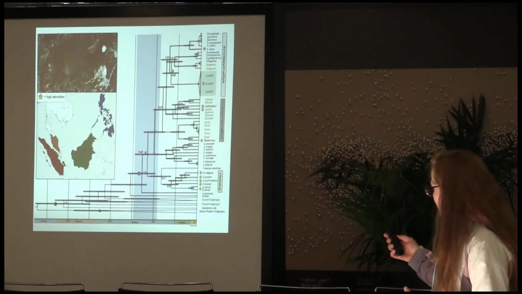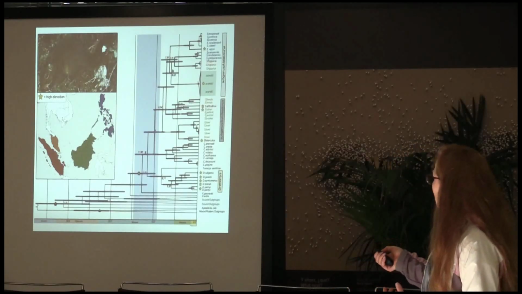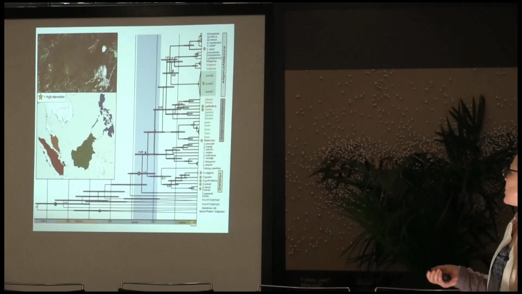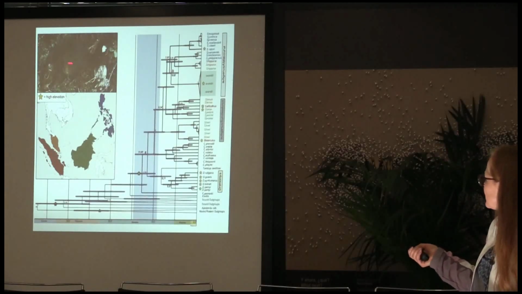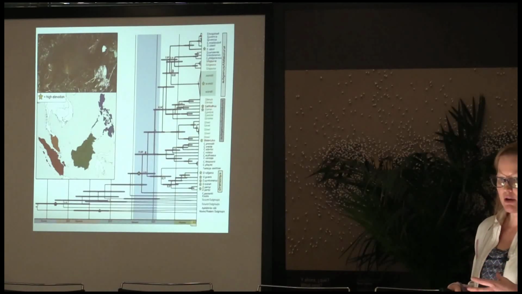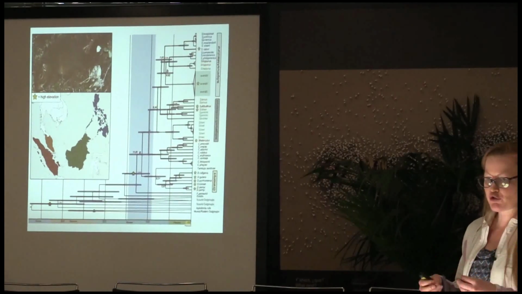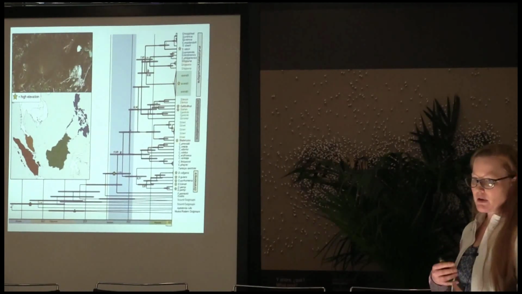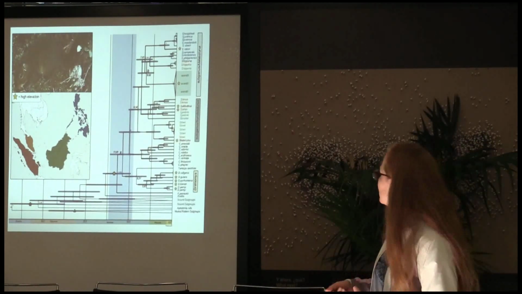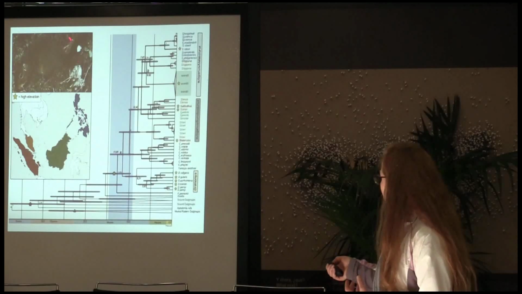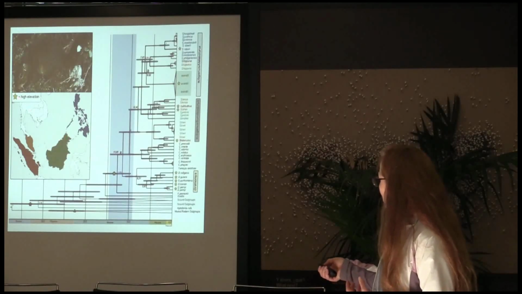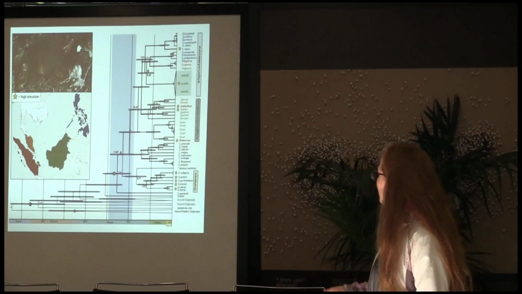And this is a ground squirrel. This is the one species that we actually work with and trap alive. And all of its relatives we had to sample in museums because this species lives here in northern Borneo, and all of its relatives are up here.